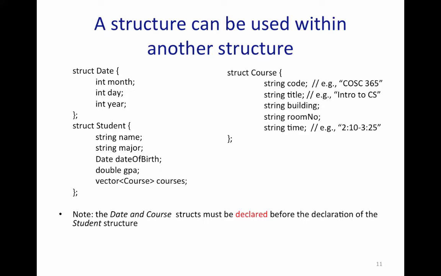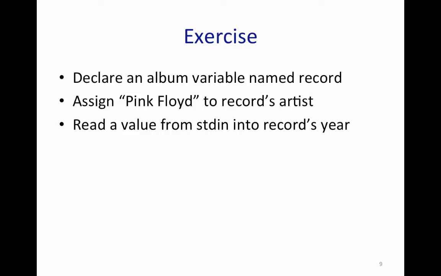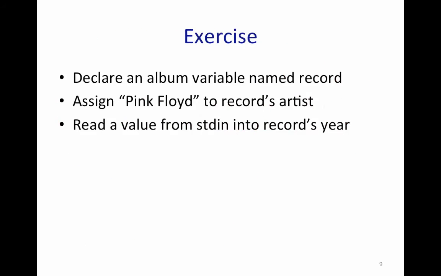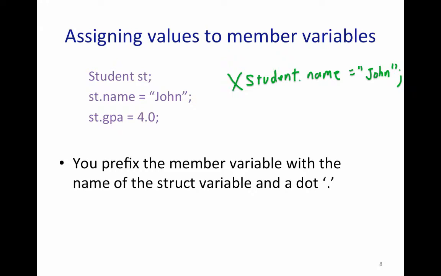I feel like I skipped a slide. I didn't skip a slide, but there is one thing that I didn't make clear. So let's say that I had another student up here. Let's call it st1.